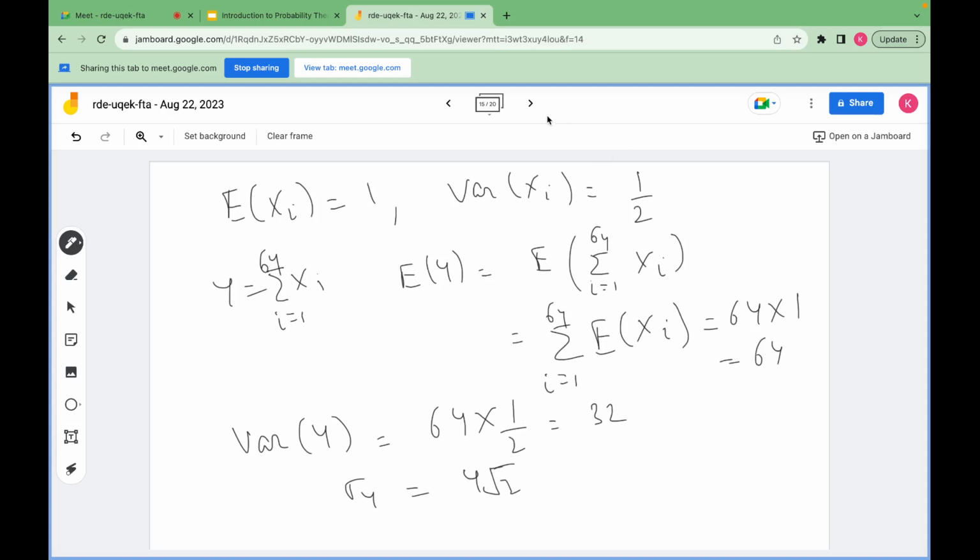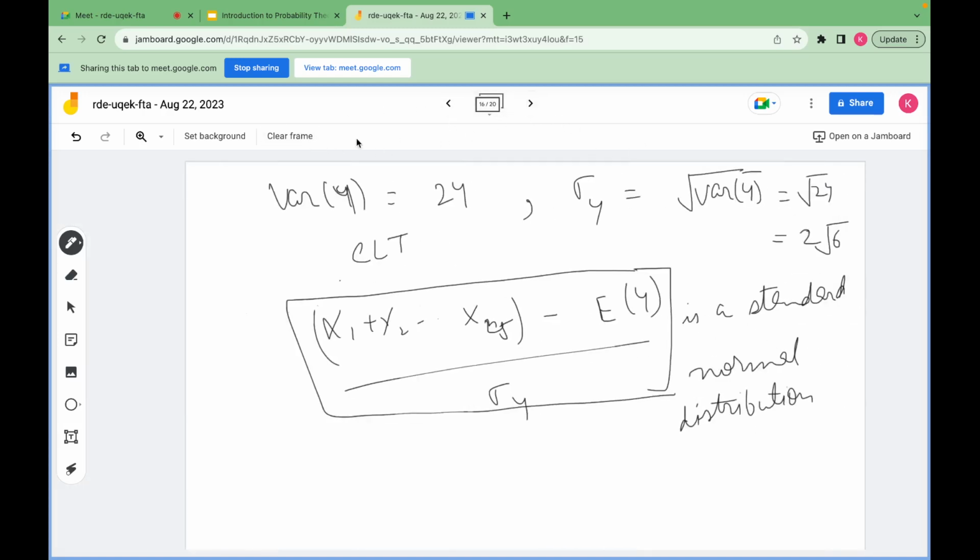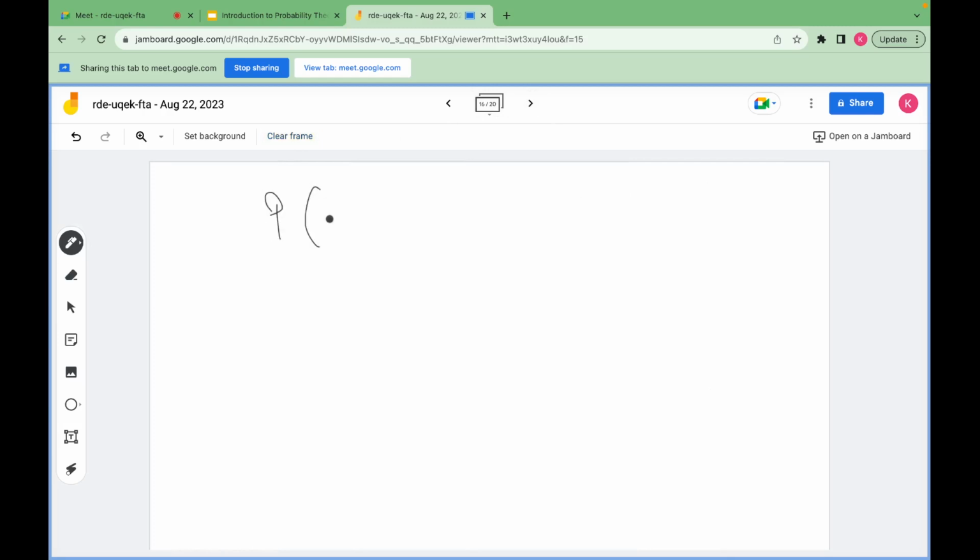So now we want that this probability should be at least 0.95, and we can convert this into a standard normal, as we know, using the central limit theorem.